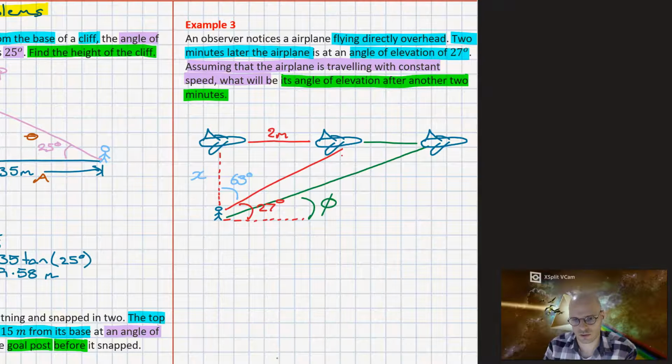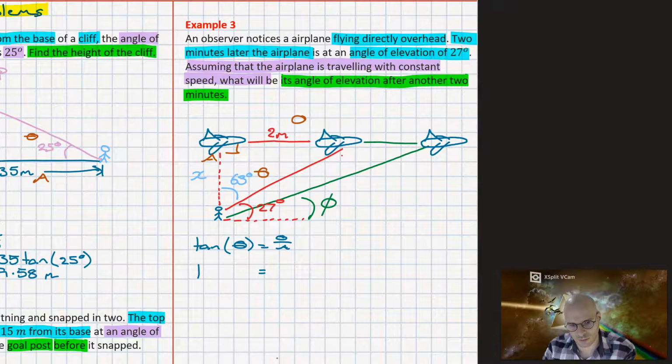So this green one, we've got the opposite over here, we've got the theta, and we've got the adjacent by the looks of it. So we're going to get tan theta is equal to opposite over adjacent.